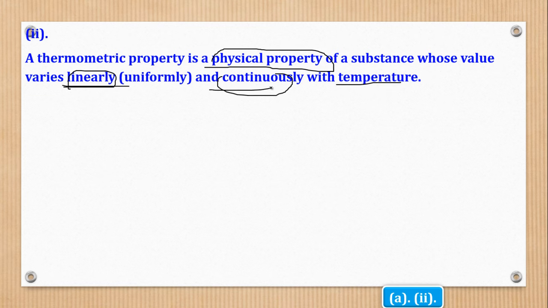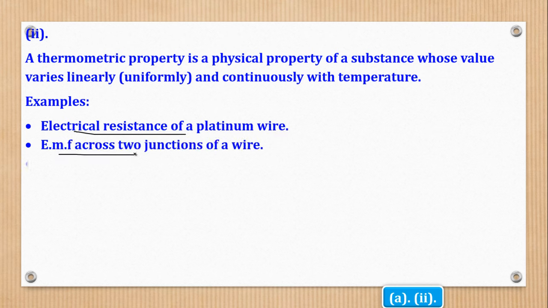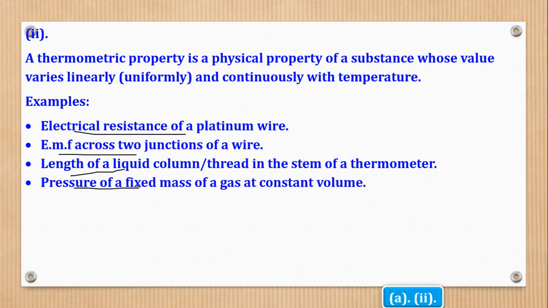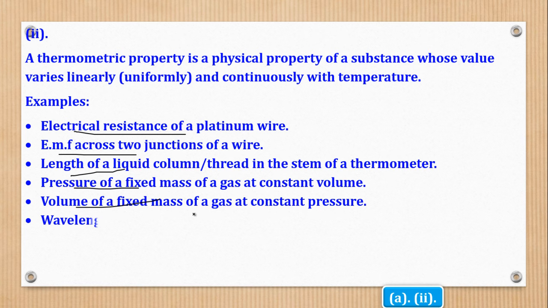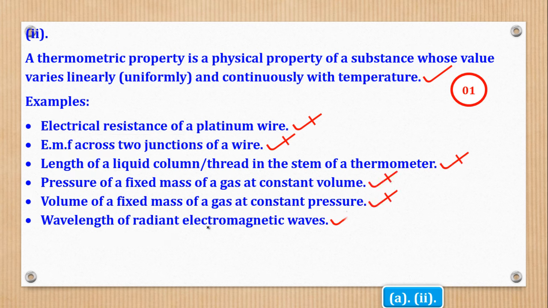Linearly and continuously with temperature must be seen. Then examples can be electrical resistance of platinum wire, EMF across junctions of a wire, length of a liquid column in the stem of a thermometer, pressure of a fixed mass of a gas at constant volume, volume of a fixed mass of a gas at constant pressure, wavelength of radiant electromagnetic waves. And basically that's what they wanted.